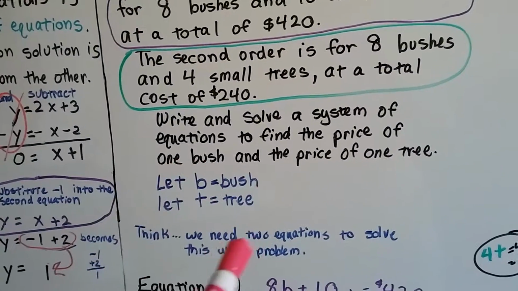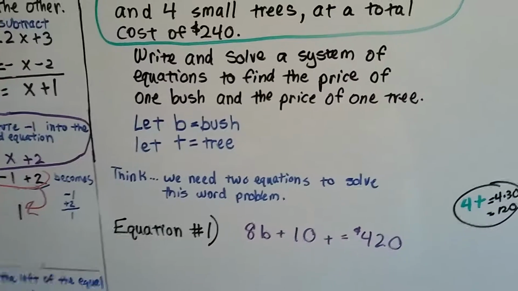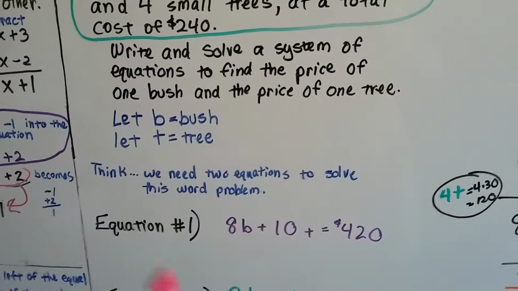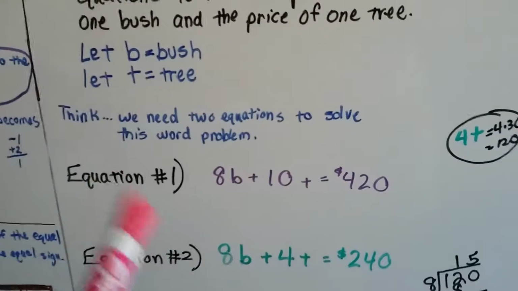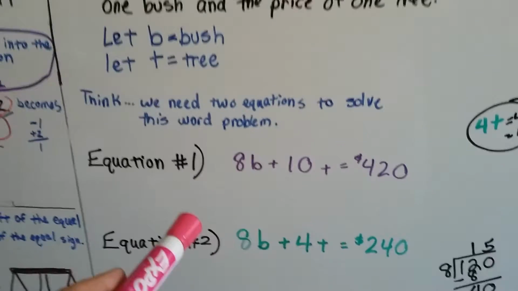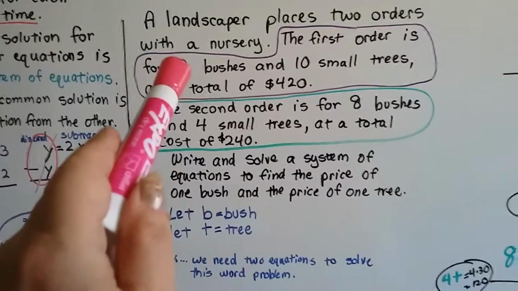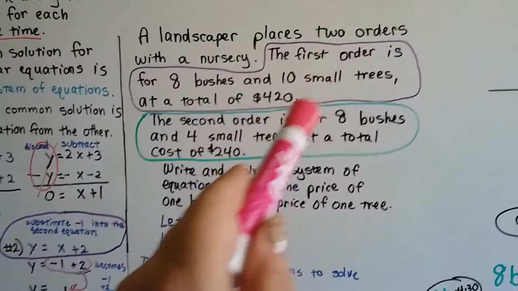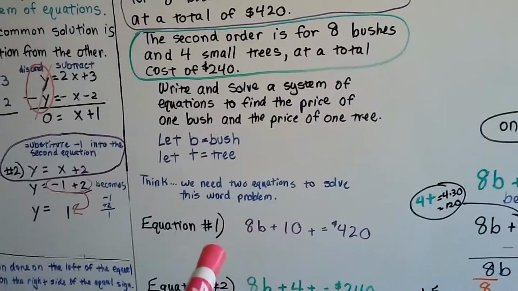We're going to let b equal bush and t equal tree. So it says, write and solve a system of equations to find the price of 1 bush and the price of 1 tree. So think, we need 2 equations to solve this word problem. And they were pretty much written into the word problem. So if b is going to be bush and t is going to be tree, we have 8b plus 10t equals 420.